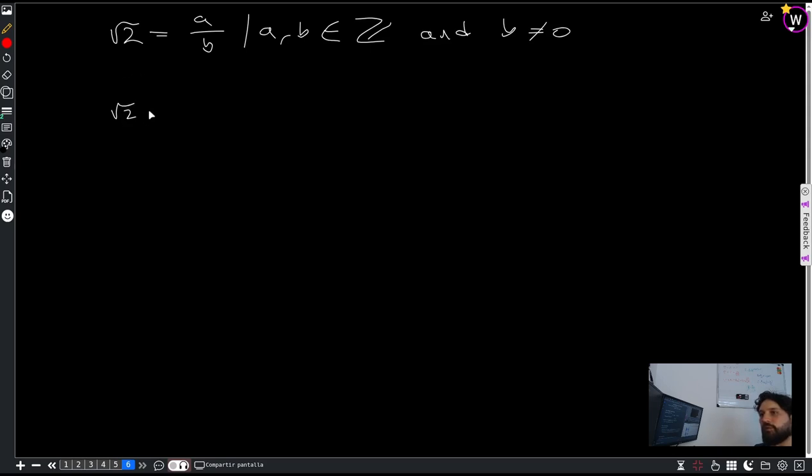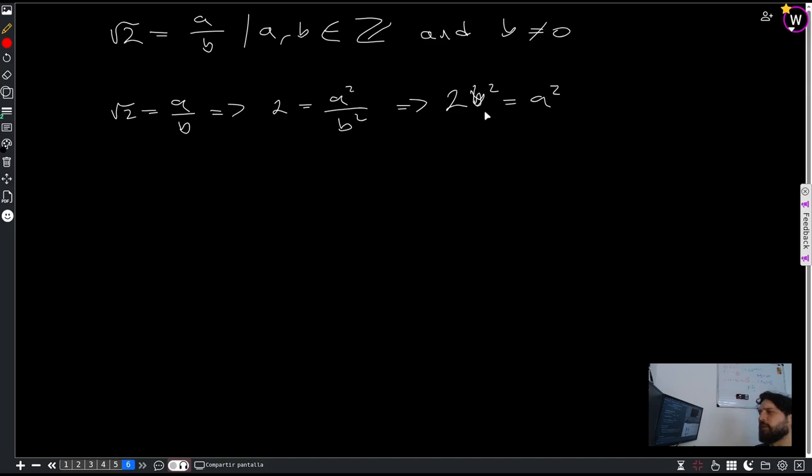We have the square root of 2 is a over b, right? So this means that 2 can be expressed as a squared over b squared. And this means that 2b squared is equal to a squared, right?